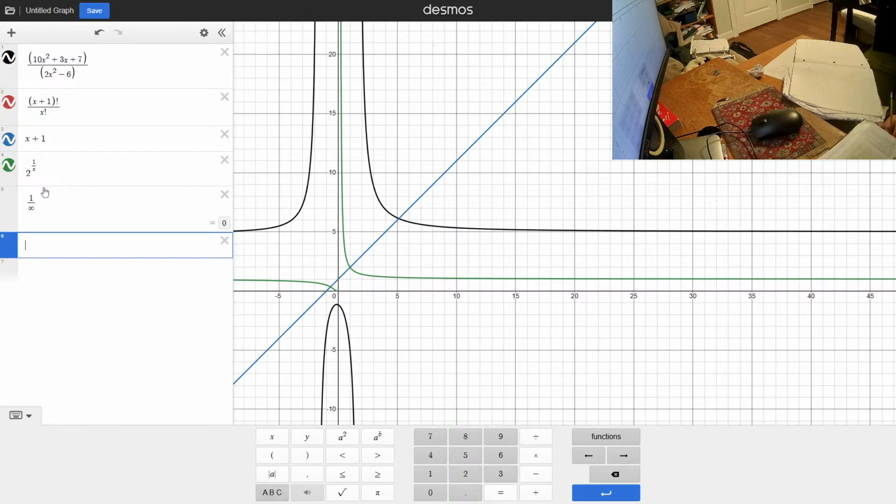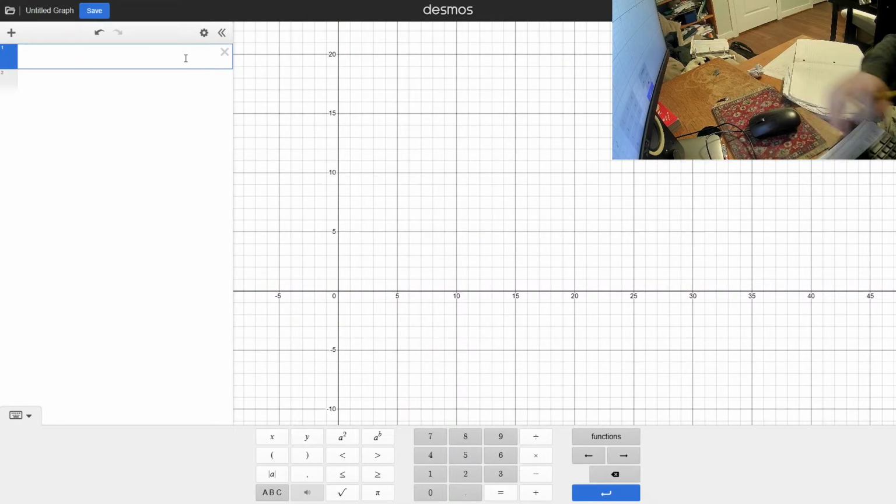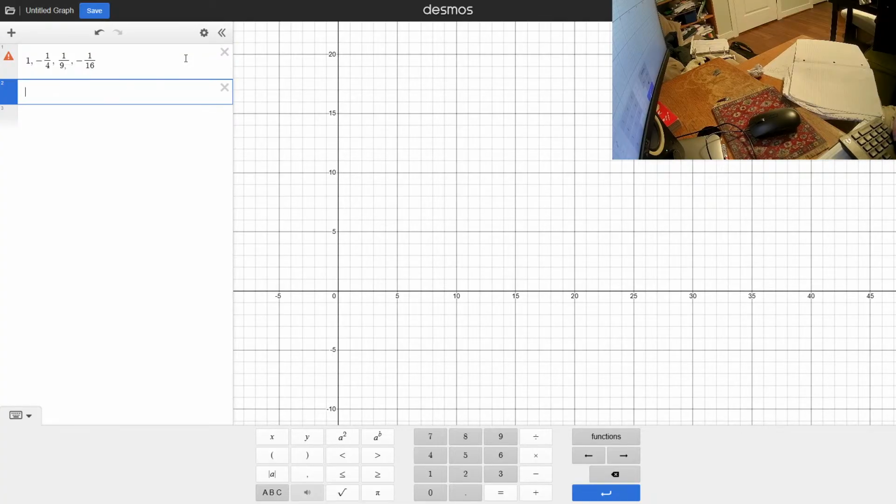Alrighty. Write an expression. Alright. So I have to find out what expression would yield these values when you plug in 1, 2, 3, and 4. So I already know that it's going to be something to a negative power.